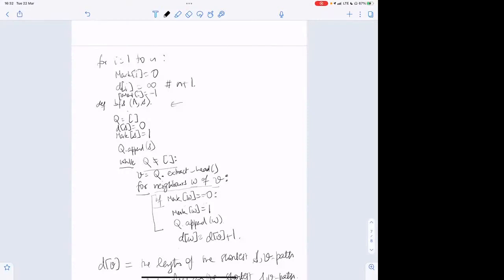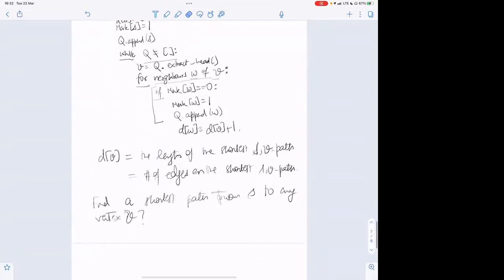And here we just link: parent of W is equal to V. Correct? So the shortest path to W goes via V. There might be many paths, one of them goes via V. Do you see my point?